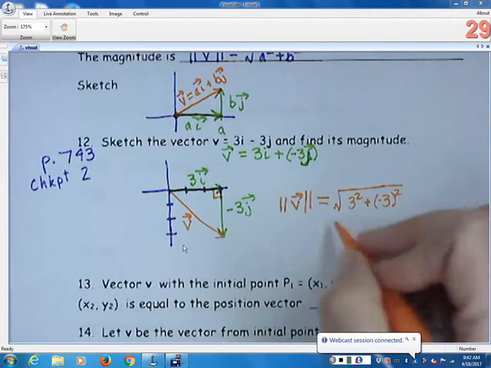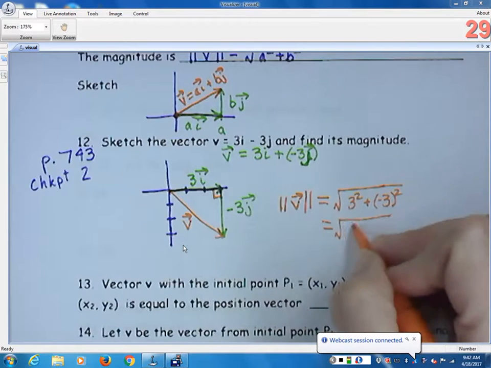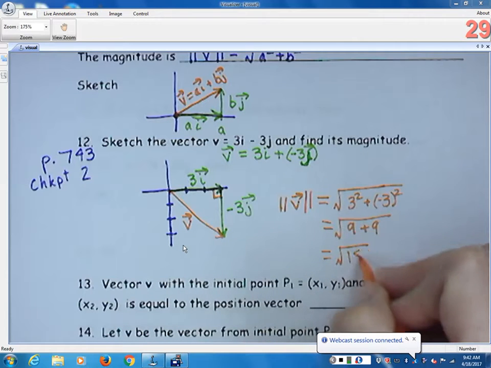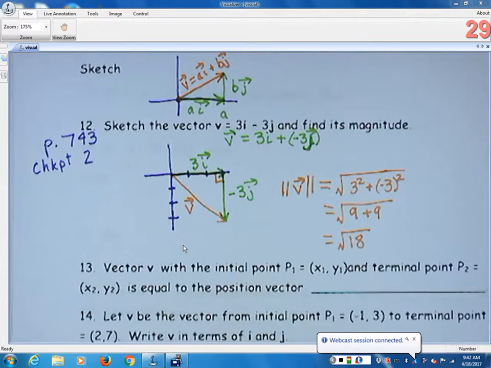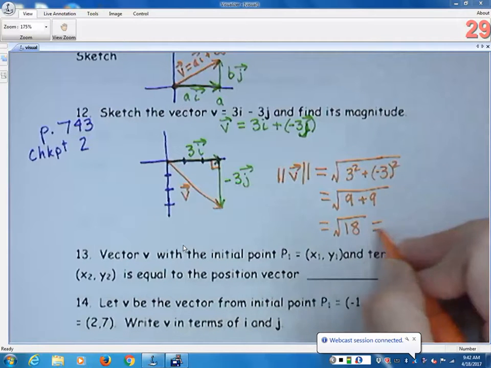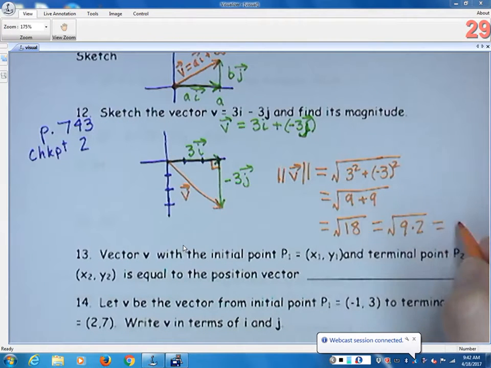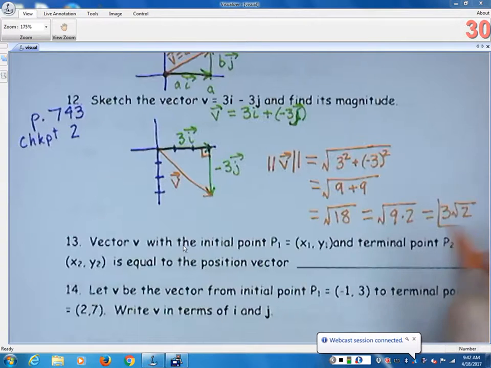That is 9 plus 9, 18. Then you simplify that by realizing 18 is 9 times 2. So the square root of 9 is 3, times the square root of 2. If I want an exact answer, and I usually do, I want it with the square root in it.